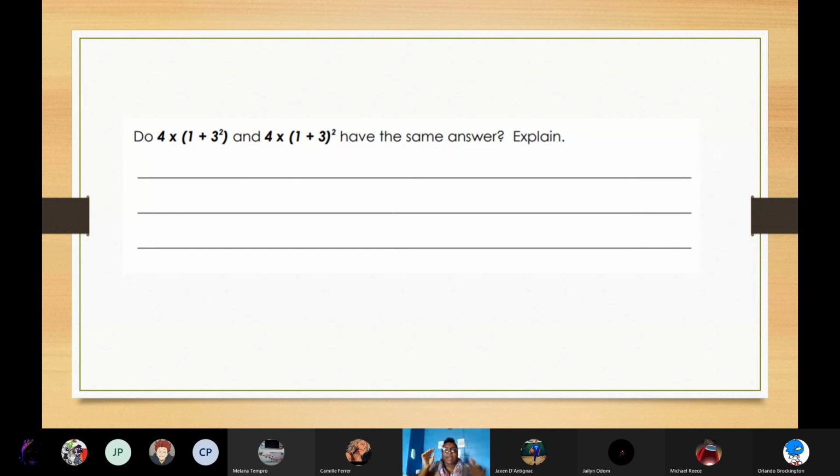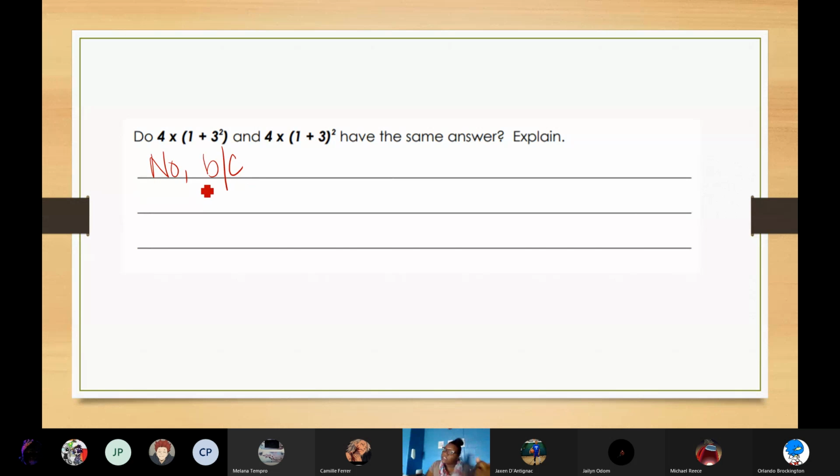Say yes if you think they have the same answer. Say no if you think they have a different answer. No. They're going to have a very different answer. So we already know the answer is going to be no.